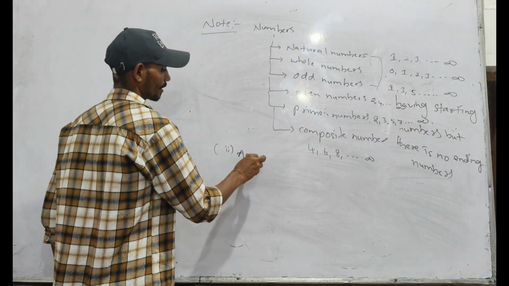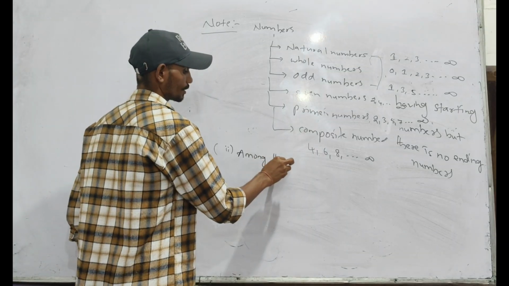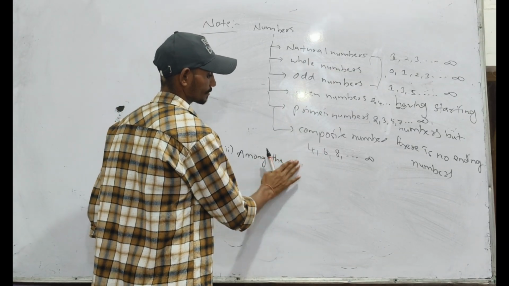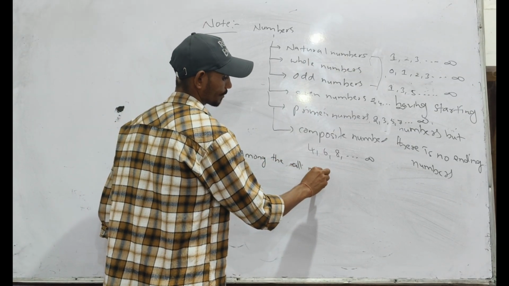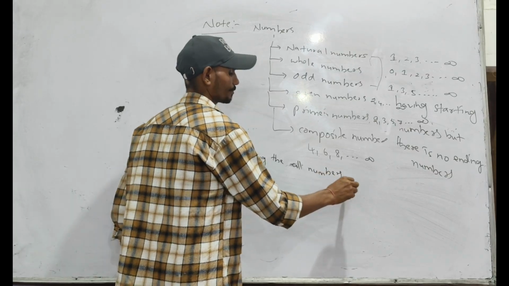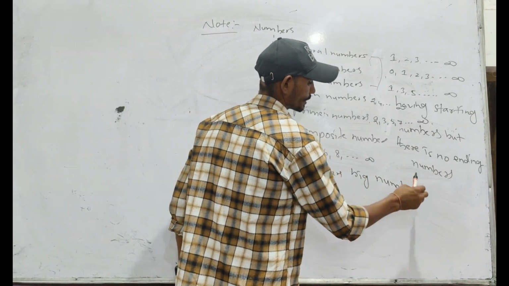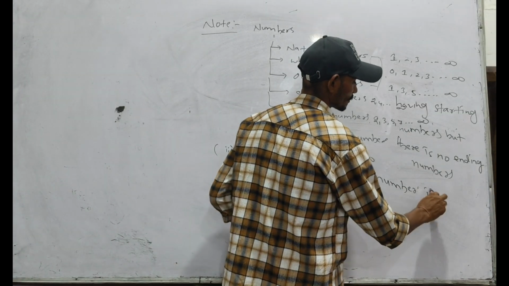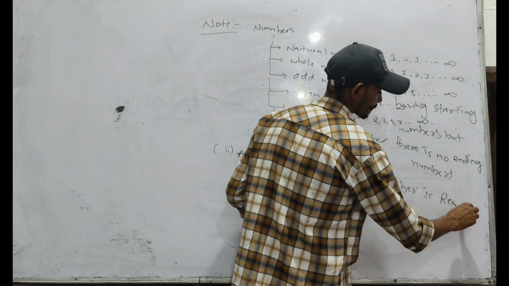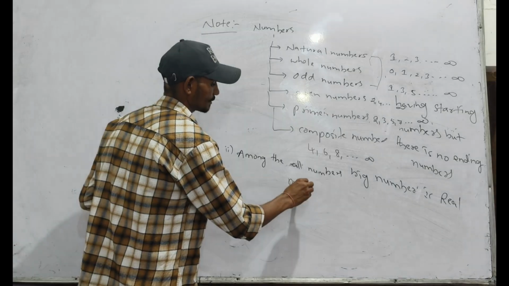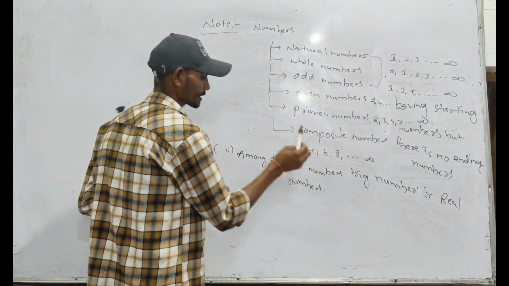Next, among all numbers, the biggest number is real numbers.